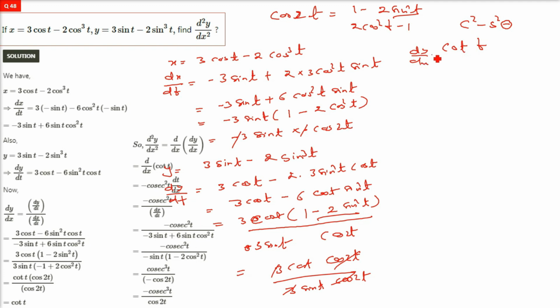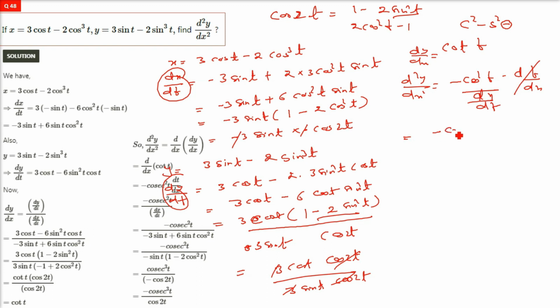Now we are going to differentiate it. So when we differentiate it, d2y by dx2, the derivative of cot t is minus cosec square t. We already know that. But we just don't have to stop here. Minus cosec square t, we have to include this dt by dx also. And dt by dx is just the reciprocal of dx by dt, which was already computed.